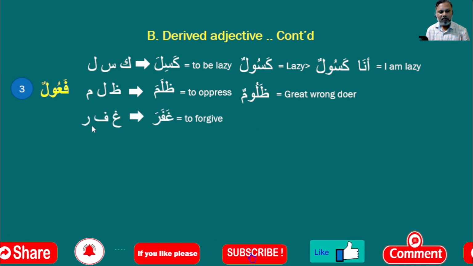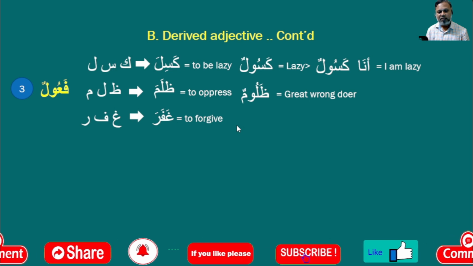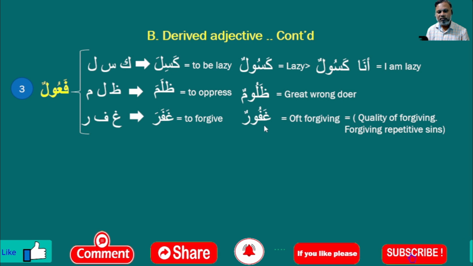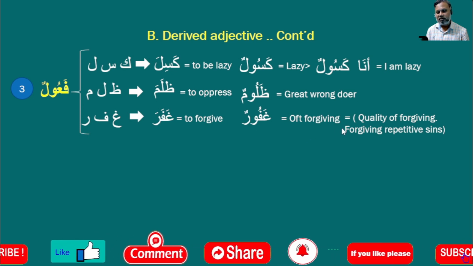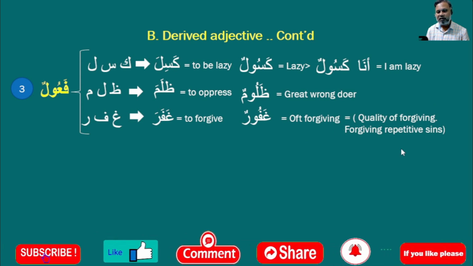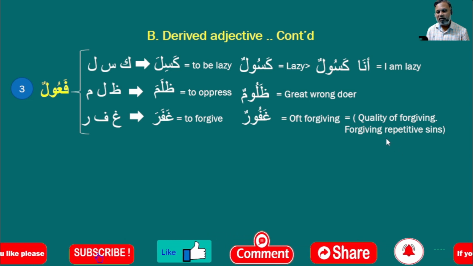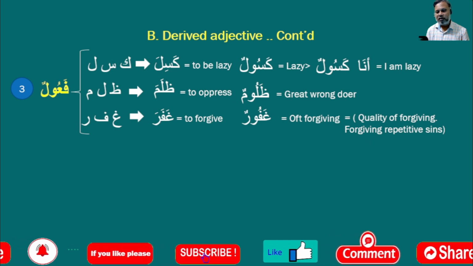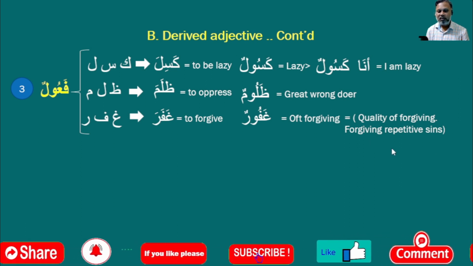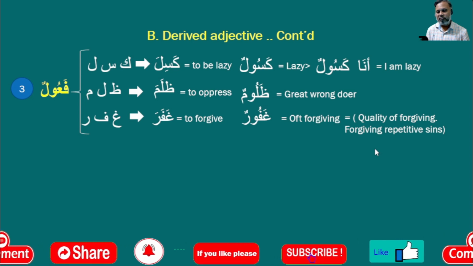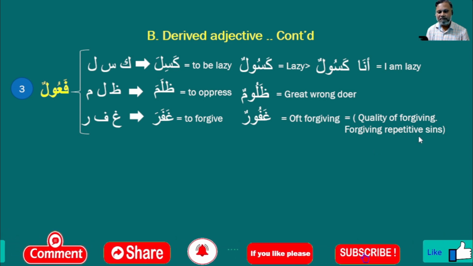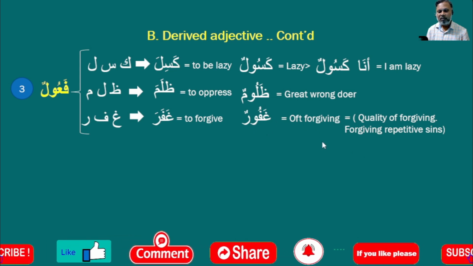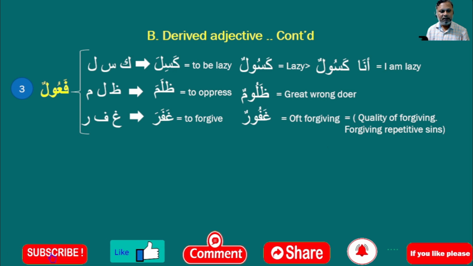Gha fa ra, the verb is ghafara, means to forgive. And ghafurun means of forgiving, the quality of forgiving, those who can forgive repeated mistakes. Only Allah can forgive our repetitive sins. That's why this Ghafurun is one of the names of Allah subhanahu wa ta'ala.